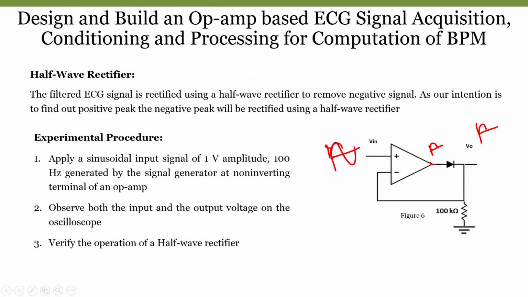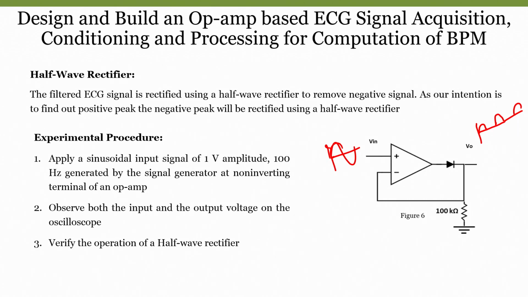Now, during a negative peak, since it is a voltage follower, we would get a negative, but the diode will be in reverse bias condition. So, we will not get anything, though the diode will have some cutoff. Ideally speaking, we will not get any negative, and similarly another positive peak like that. So, as a result, when we pass through this circuit, we will get only positive peaks, right.